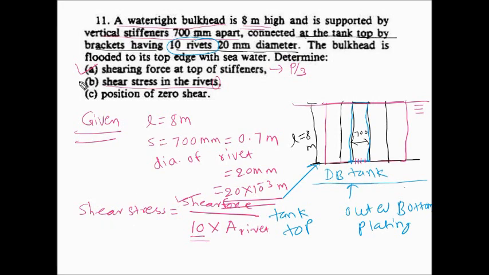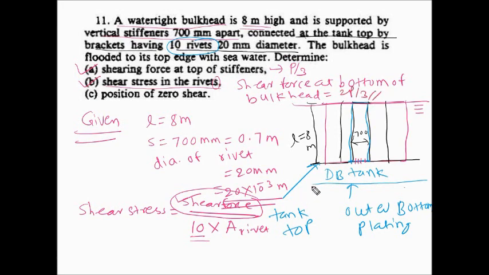Now to calculate sub-question B, the shear stress in the rivet, first of all you have to find the shear force at the bottom of the bulkhead. We know the shear force at the bottom of the bulkhead is 2P by 3, which we have already seen.